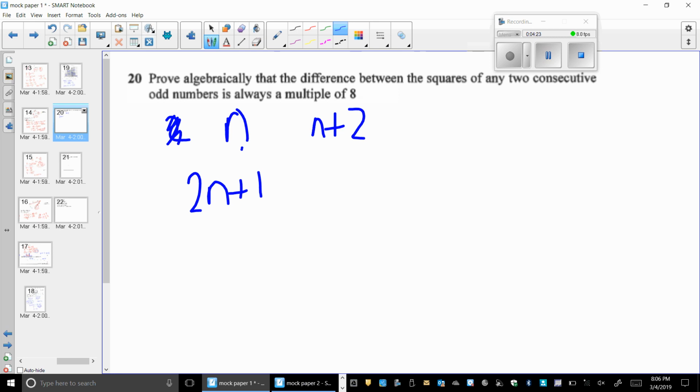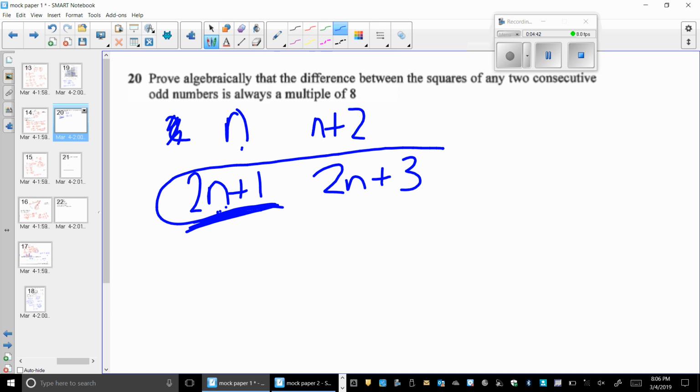Because no matter what value of n we stick in here, multiplying it by 2 and adding 1 will make sure that the value is odd. That means that if that's one of my odd numbers, then the next consecutive one would be 2n plus 3. So these are the two values that we're looking at.